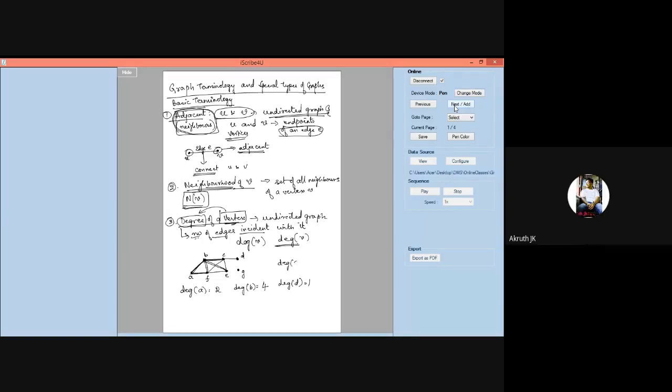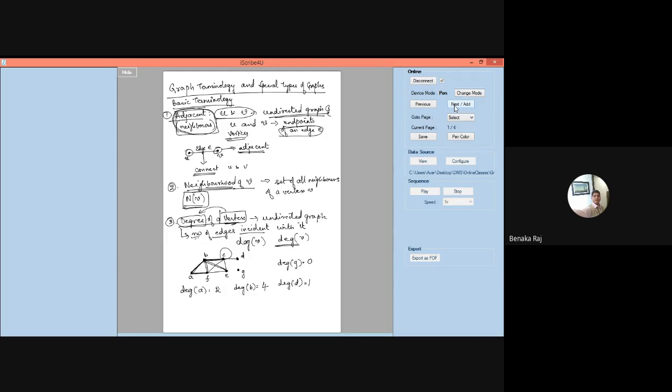What is the degree of G? 0. Right? Suppose I had an edge like that. What is the degree of C? 4. Whenever you have a loop, it contributes one more value.